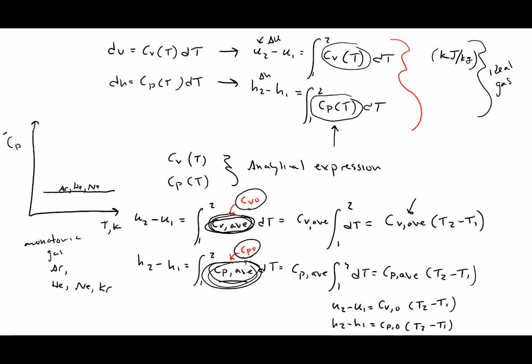So basically, if you have a monatomic gas, you can use one of these approximations, and your specific heat and hence your internal energy and enthalpy are going to be pretty accurate. If you have a different type of gas, like let's say you have hydrogen, that's going to look more like this.